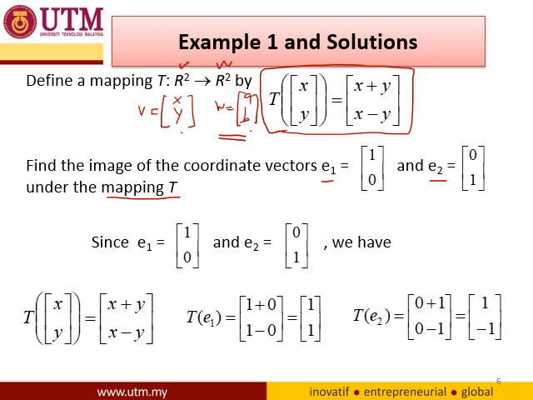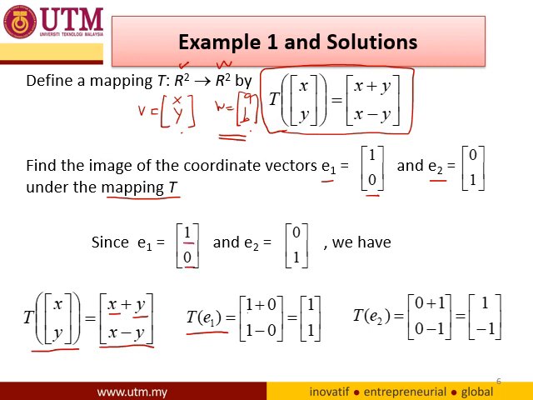We see the first vector here, E1 is (1, 0), and E2 is (0, 1). We try to solve the first one first. T(E1), the transformation of E1, is equal to, see this transformation here. If you remove the T, it will be this equation. So what is our x? What is our y? x is 1, y is 0.